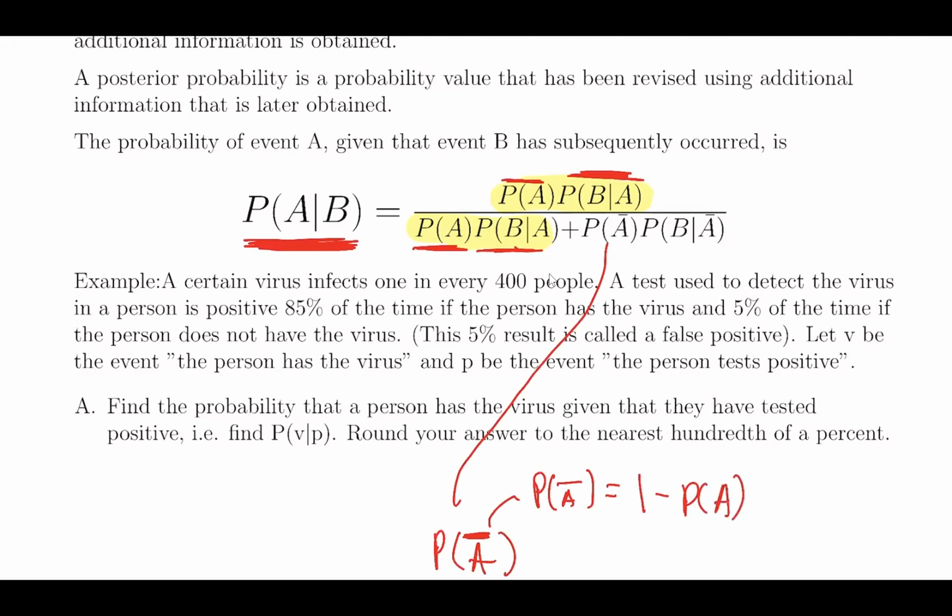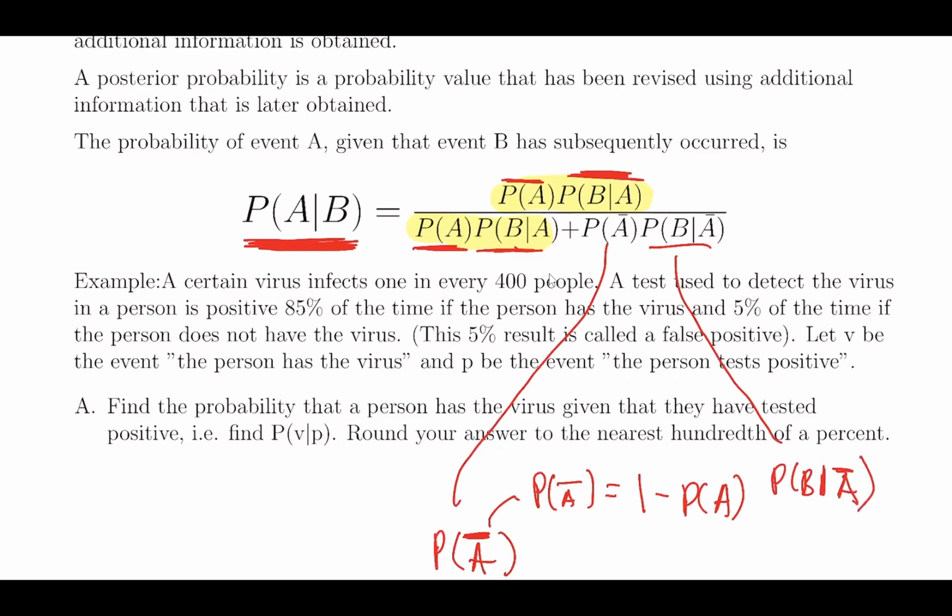Whenever you see that bar on top, it just means you're finding the complement of that event. So for that one, you're saying the probability of not A. And then right here, you're going to find the probability of B, given, once again, not A.